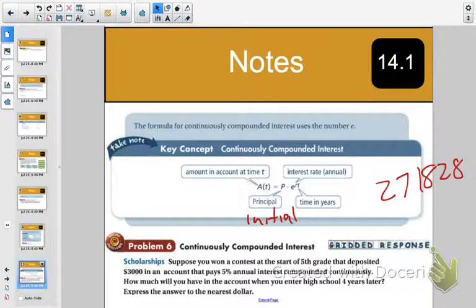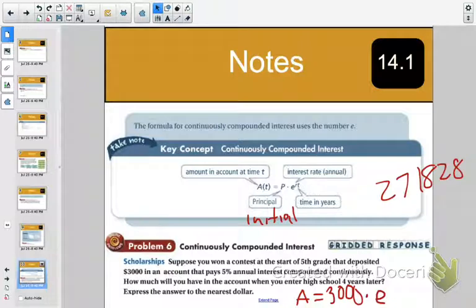So looking at this one, it says, suppose you won a contest at the start of 5th grade that deposited $3,000 into an account that pays 5% annual interest compounded continuously. How much will you have in the account when you enter high school 4 years later? So we have all the information here. A is what we're looking for. Our principal would be the 3,000 times e. Remember, e is not a variable; it's actually a number, like pi.